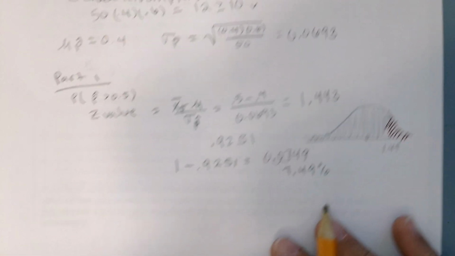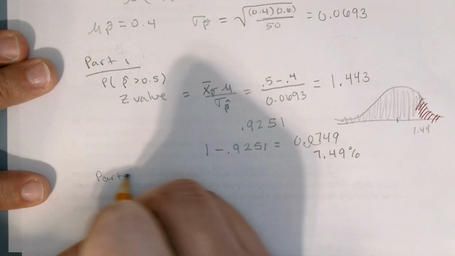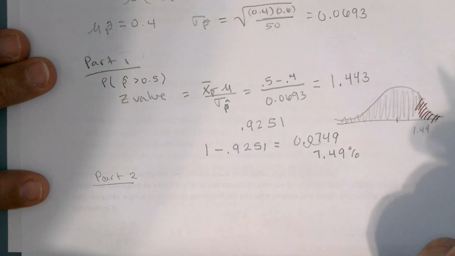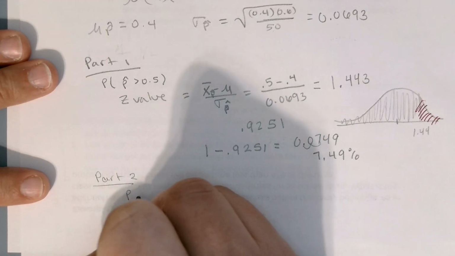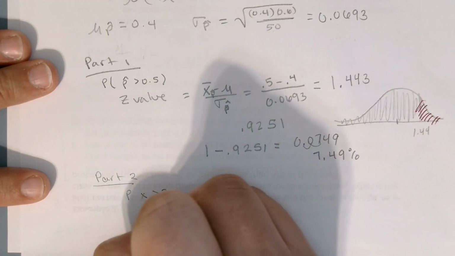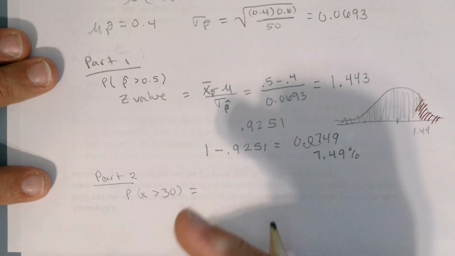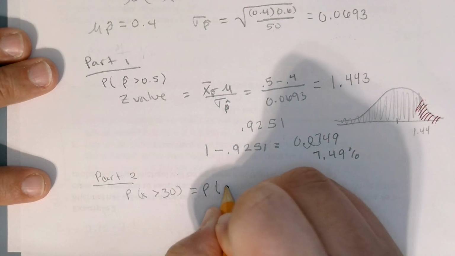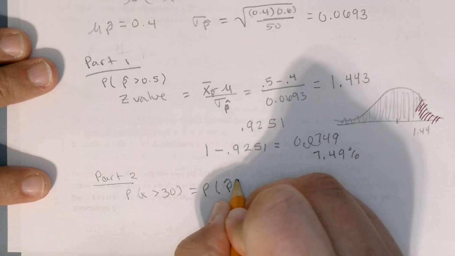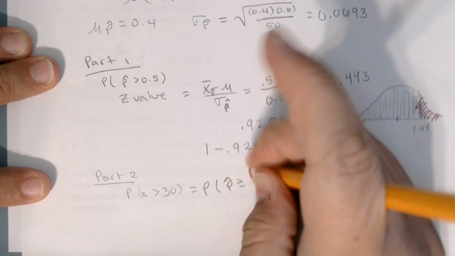Now if I were to do the second part, the probability that she wins at least 30 cases, that's the probability that x is greater than 30. So in this case, I'm going to do 30 divided by 50 to get my proportion, which is 30 over 50, or 3/5.